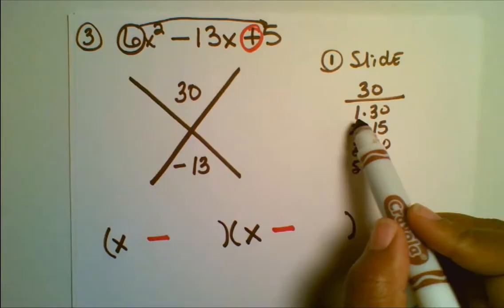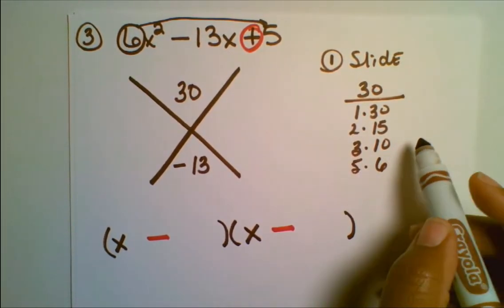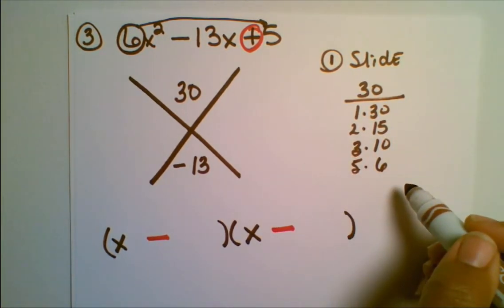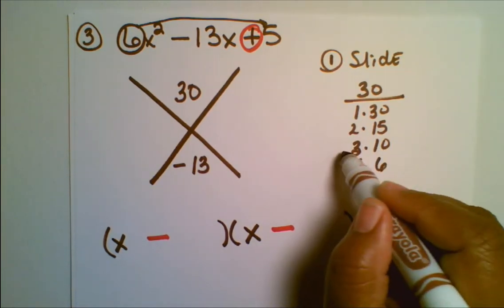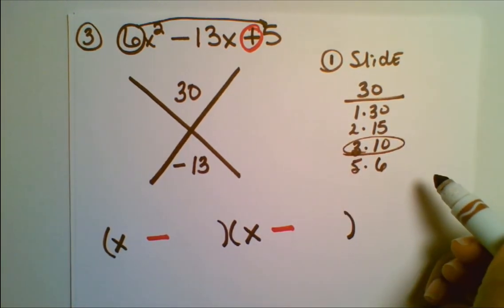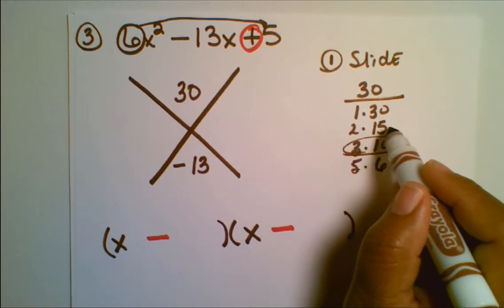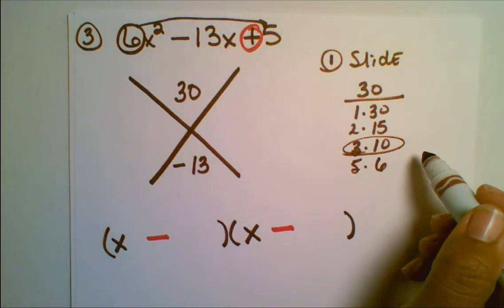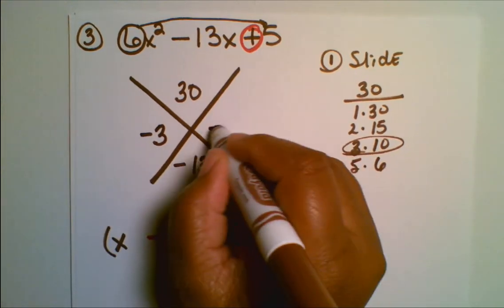If we apply negatives to these sets of factors, only one set will add to give us negative 13, and that is 3 and 10. If we apply two negatives to the 2 and the 15, negative 2 plus negative 15 gives us negative 17, so that doesn't work. So we have negative 3 and negative 10.